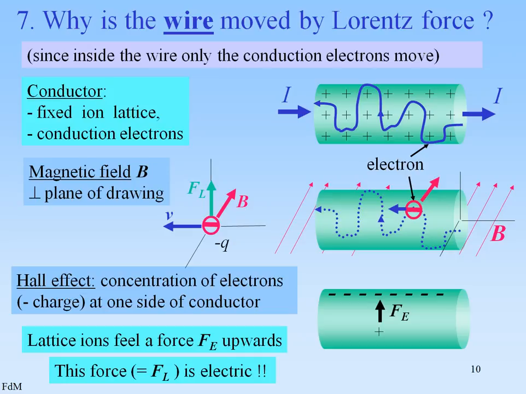And this force is an electrical force. So the wire is moved not by a magnetic force but by an electrical force. And of course that electrical force is in the end originated by a magnetic force, but the force that is causing the wire to move is electrical.